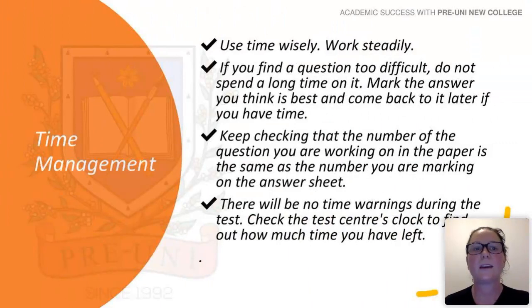Now, the last point I'd like to talk about is time management. This has been a critical factor for students in my experience, across the OC test, the selective test, right the way through to the HSC.